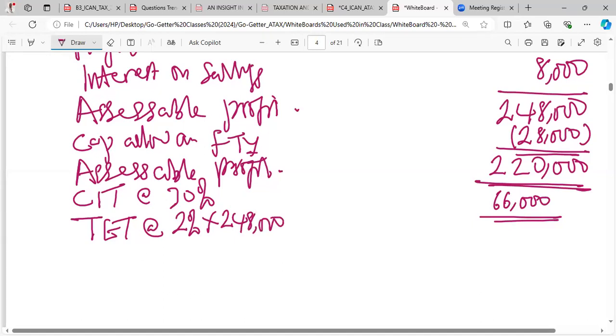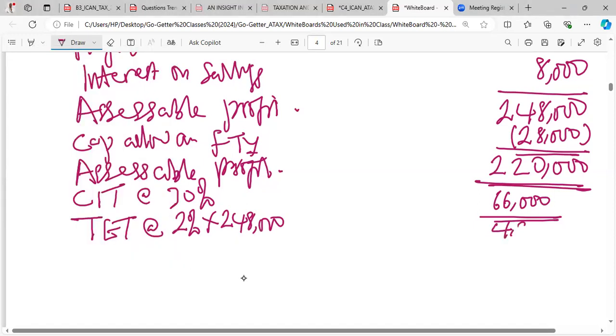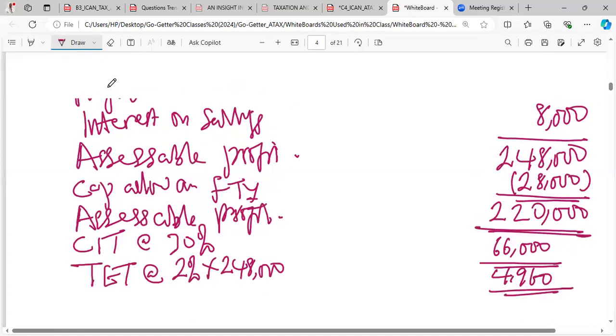So let's do this one, the tertiary education tax. We decided not to do for the others. You can as well do for all of them. It was deliberate that we didn't do that. So henceforth, let's be doing it. 4,960. Okay, so we've done now for 2011.